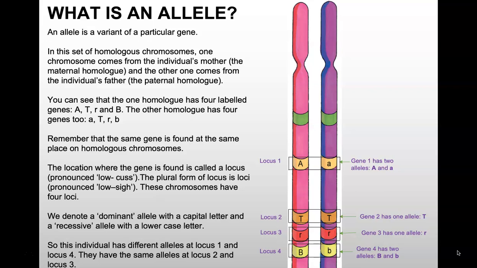This individual has different alleles at locus 1, a capital and a lowercase, and also at locus 4, a capital and a lowercase. They have the same alleles at locus 2 and 3. So for gene 2 and gene 3, there's a capital T and a capital T, and a lowercase r and a lowercase r.